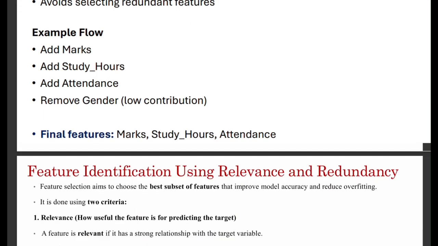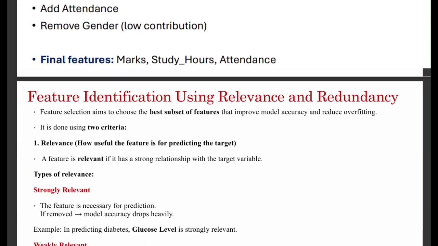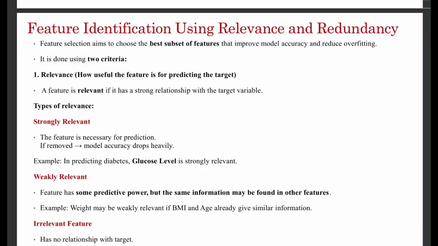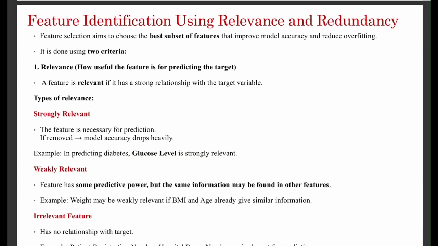Now let's talk about the two fundamental concepts that underpin all feature selection: relevance and redundancy. Relevance: how useful is a feature for predicting the target? A feature is strongly relevant if it is necessary for prediction. Removing it causes a significant drop in model accuracy.